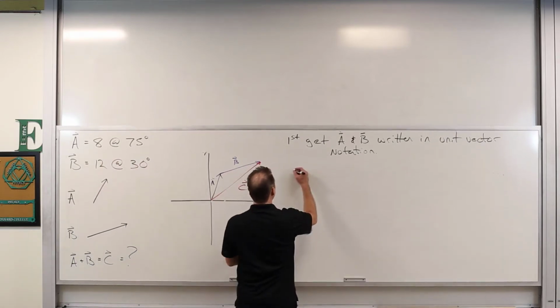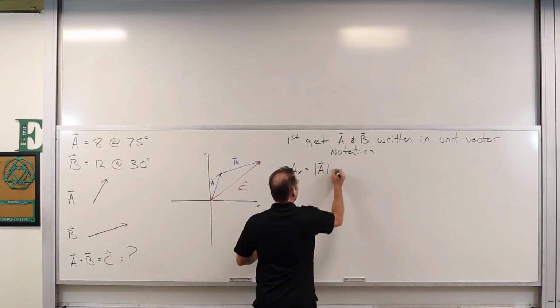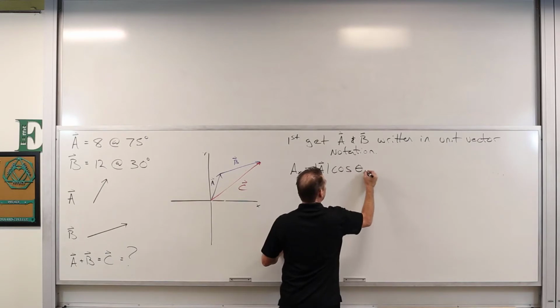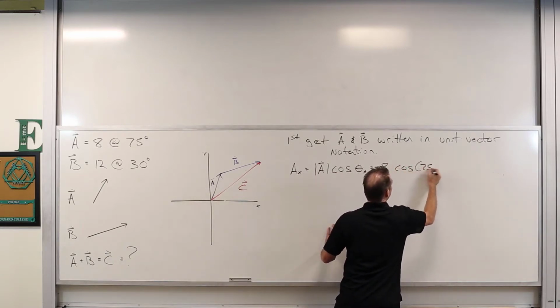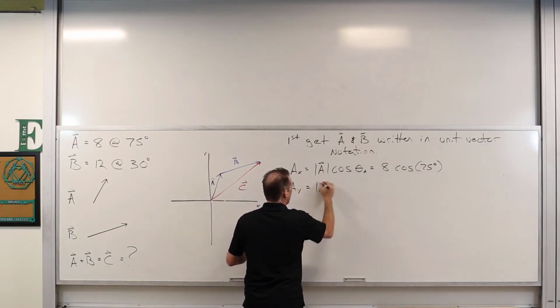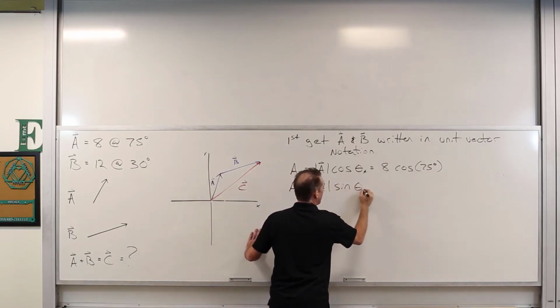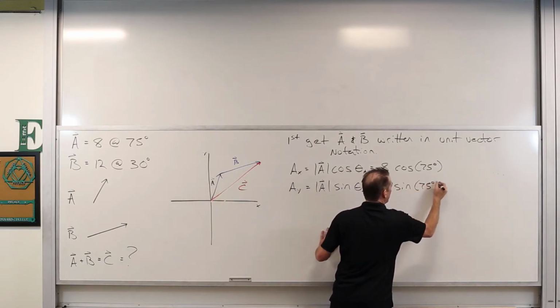We know that A sub x is equal to the magnitude of A times the cosine of theta sub A, which is then 8 times the cosine of 75 degrees. A sub y is equal to the magnitude of A times the sine of theta sub A, which is then 8 times the sine of 75 degrees.